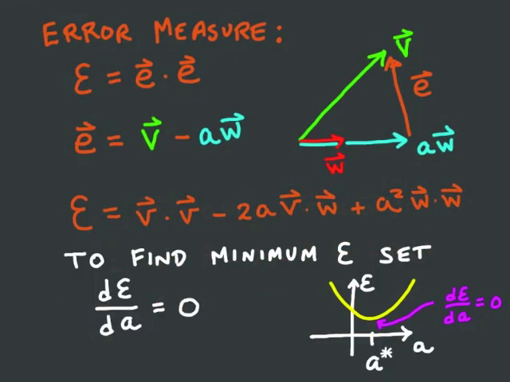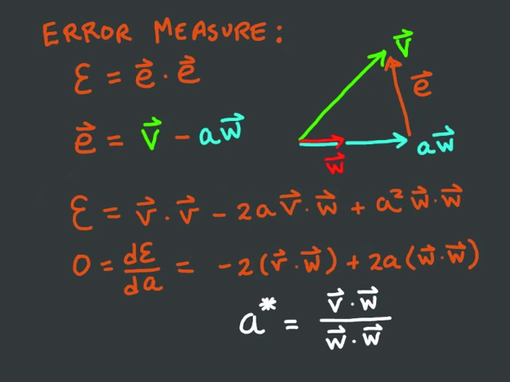Of course, when we want to minimize a function of a scalar by choice of the scalar, all we need to do is take the derivative of the function with respect to the independent variable, the scalar. So we'll take d epsilon/da and we'll set it equal to 0. And of course, that corresponds either to a minimum or a maximum of the function. In this case, it will correspond to a minimum, and we'll call that value a star.